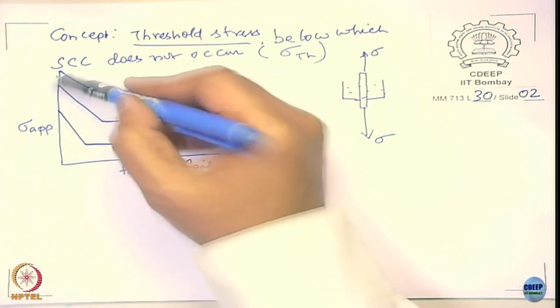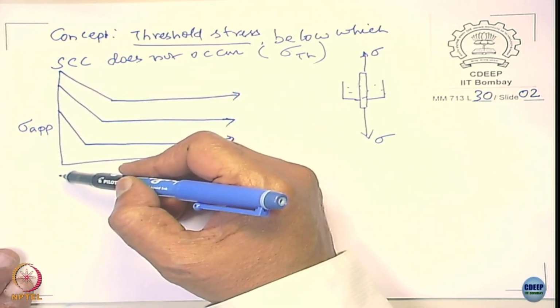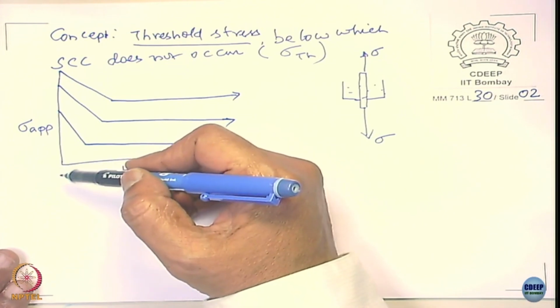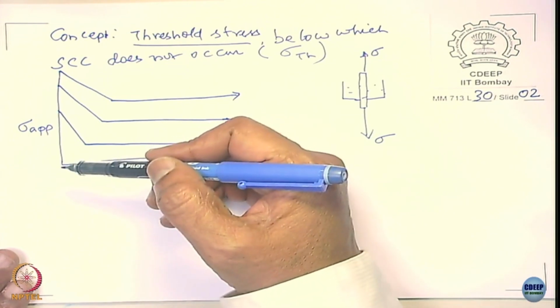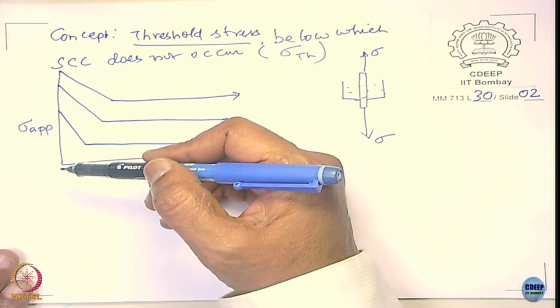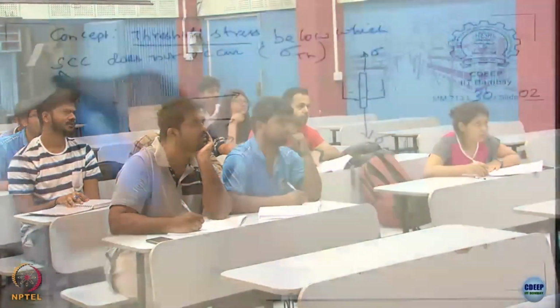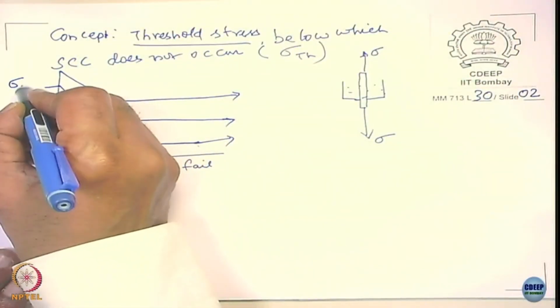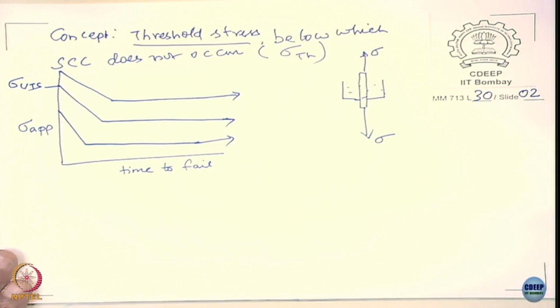When I apply a stress, it fails instantaneously, right. What should be the stress at which the metal component fails instantaneously? What is this called? Fracture stress, or what you call in normal term, ultimate tensile stress, right.